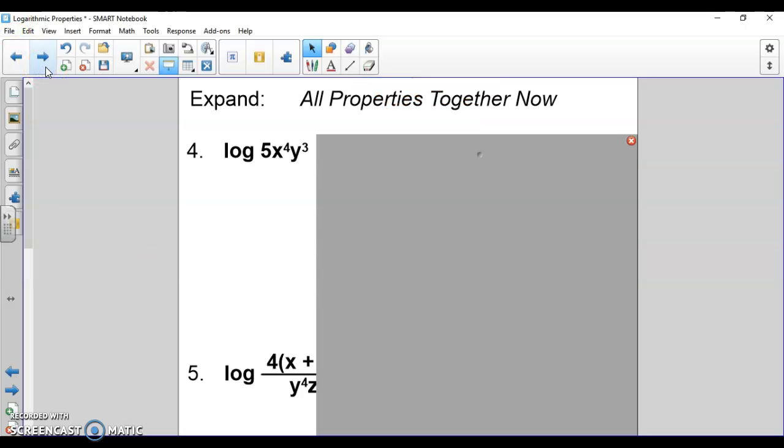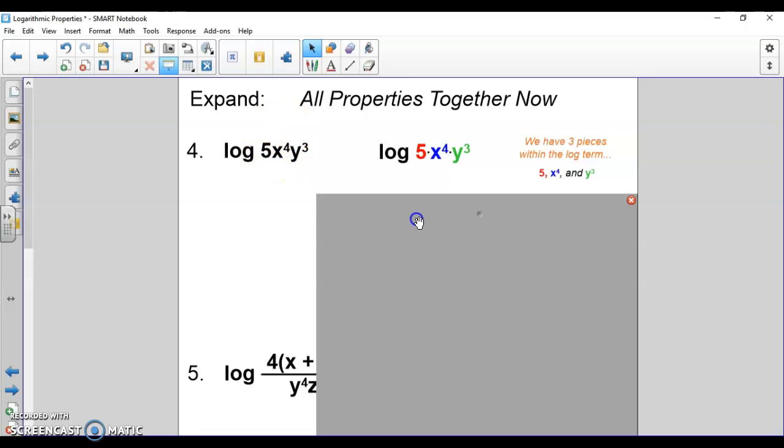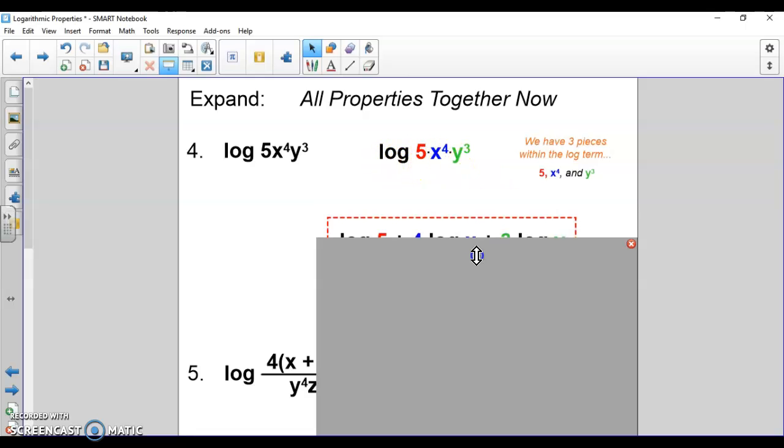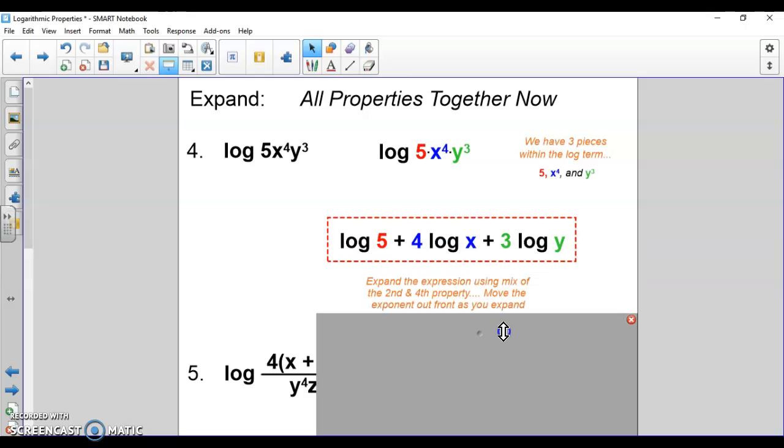Let's work on combining these. So if you look at number 4, this has multiplication and exponents. So I split up the pieces again. I technically have 3 pieces. 2 of the pieces have exponents. Log of 5 times x to the 4th times y to the 3rd. I expand it, and I am doing 2 things at once.